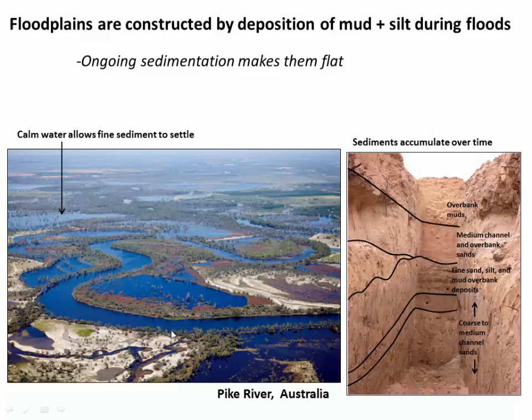So here's an example of flooding on the Pike River in Australia, and you can see that a lot of these areas of the floodplain are inundated, and in many cases they act almost as little temporary lakes, where the water's not really flowing very fast, it's very calm, and so silt and clay can settle out onto the floodplain.